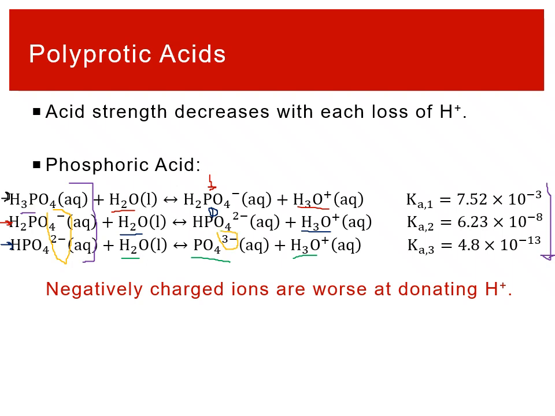Phosphate at 3- is really negative and relatively unstable. Generally, things don't want that much negative charge. So as you donate hydrogens, the acid gets weaker and weaker. Another correlation: sulfuric acid is a strong acid, but only the first donation is strong. The second one is weak.